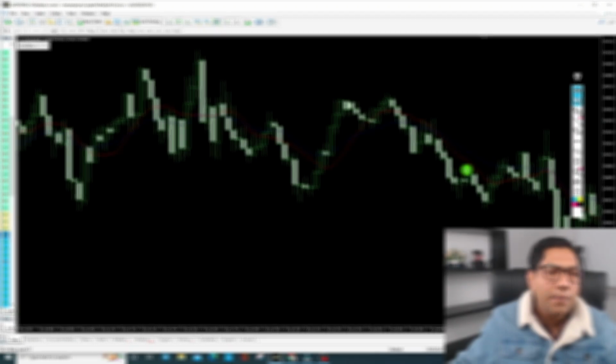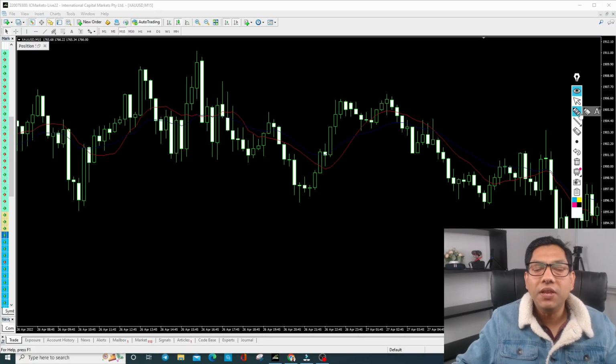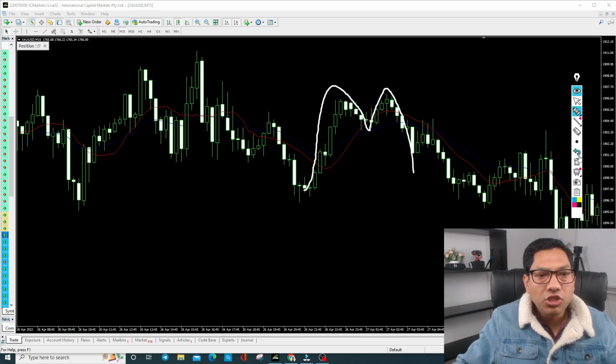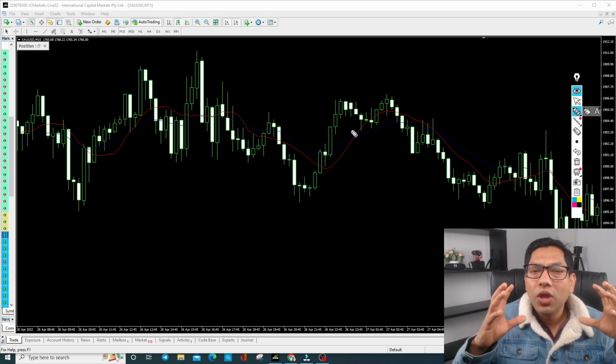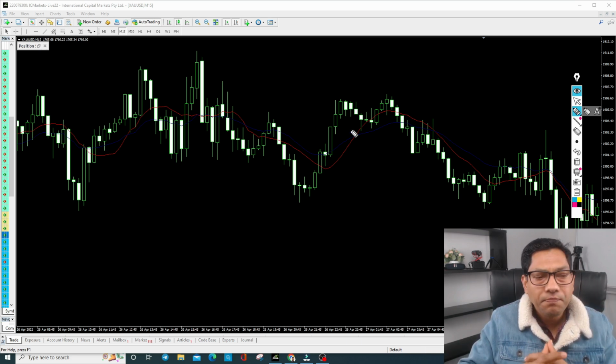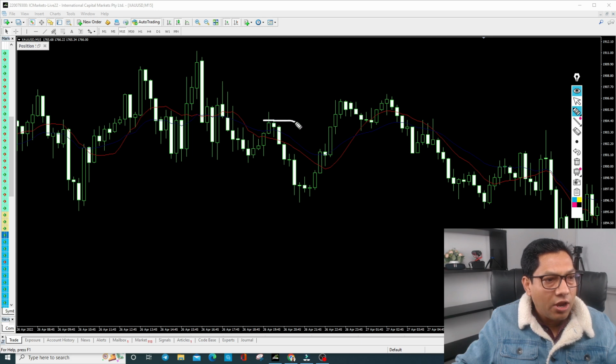Okay guys, so let's see this example here. This is the same thing, 15-minute chart. We have seen a nice looking double top formation, and after the double top the price has broken to the downside, followed by this retracement to the upside. Now in this retracement, as expected, we have found a double top, the reversal pattern. Now we need to identify the neckline of this reversal pattern. This is the neckline. From this neckline, there is a false breakout candle to the upside, a nice looking false breakout on the 15-minute candle.